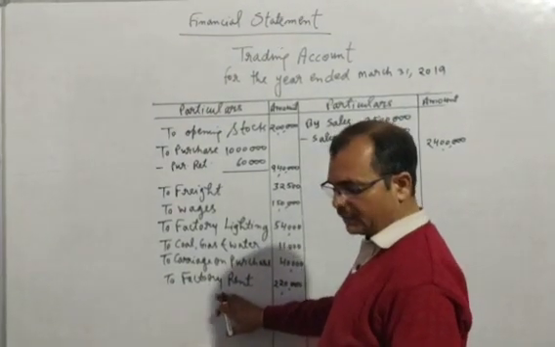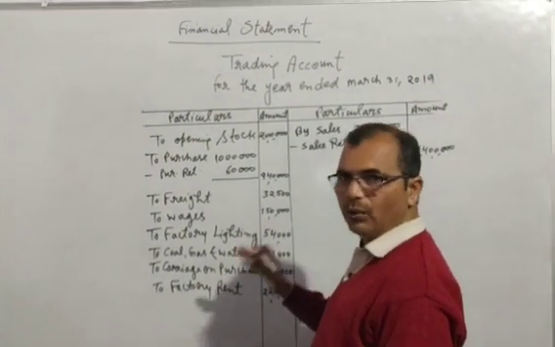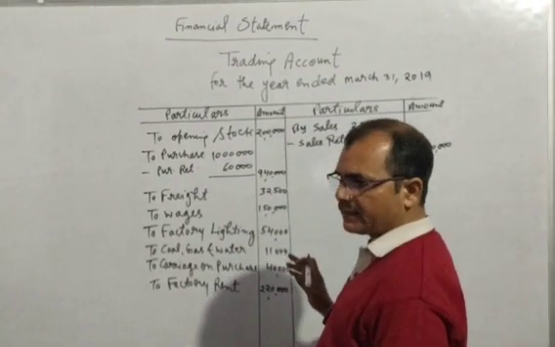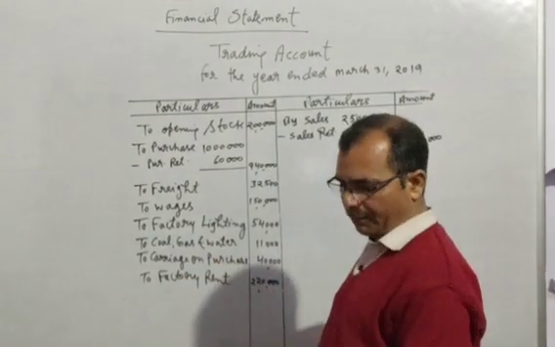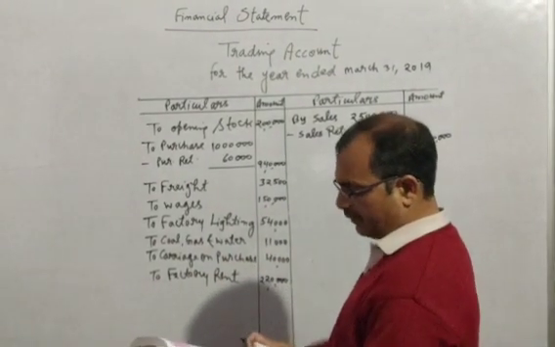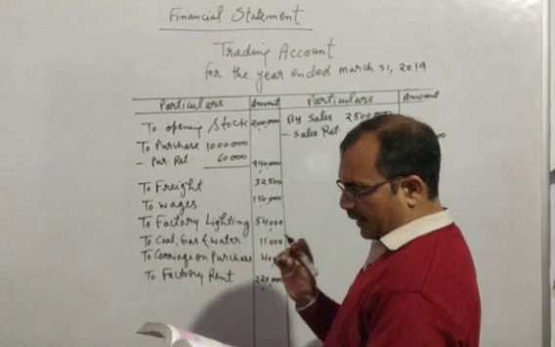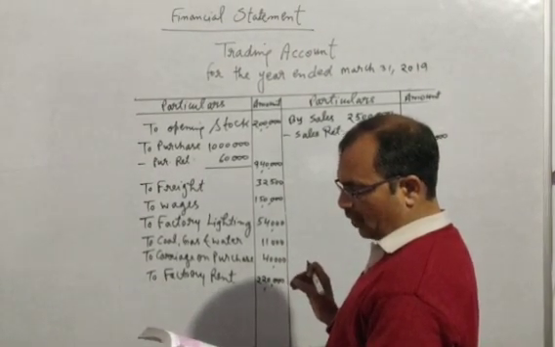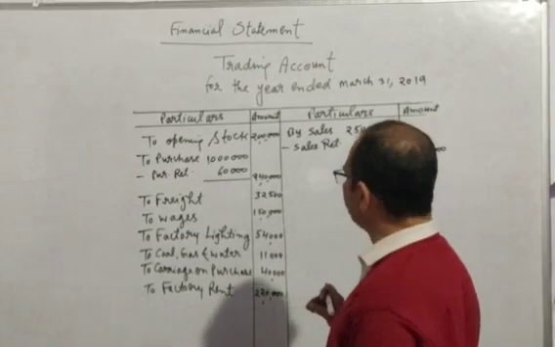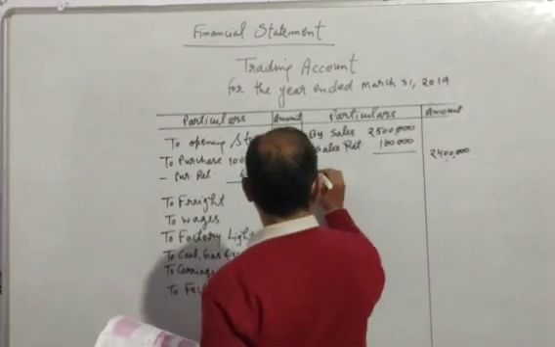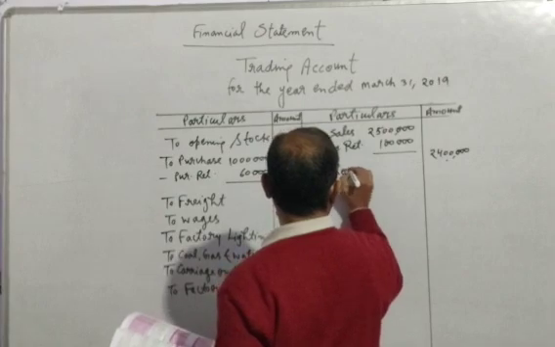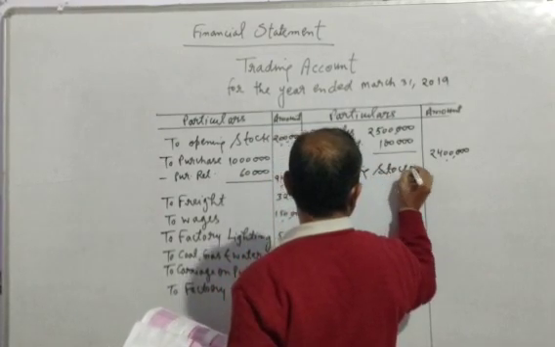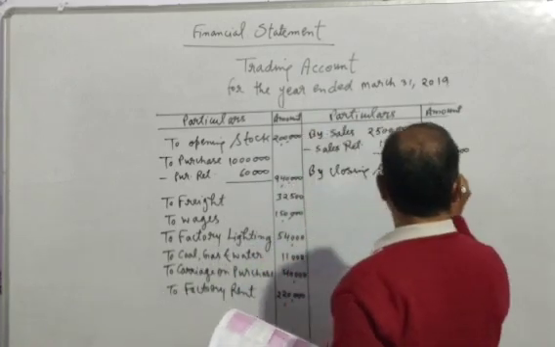But all the expenses which are related to the office will be indirect expenses and they will come in the profit and loss account. Okay, after this, one amount is given below the trial balance. Closing stock is valued at 3 lakh. So we will write here by closing stock, and the amount is 3 lakh.